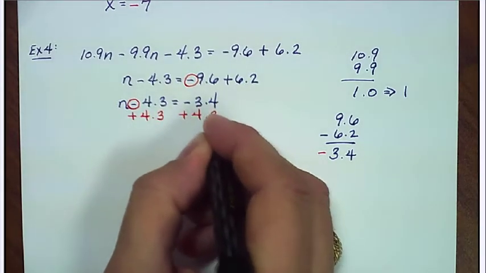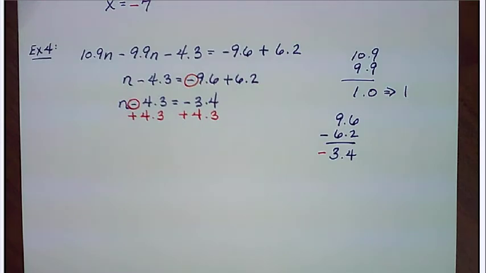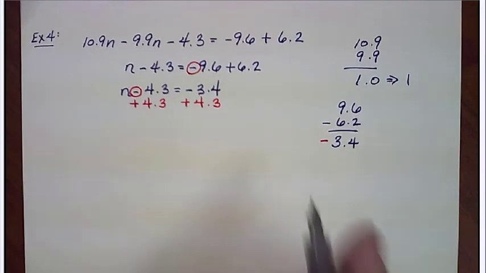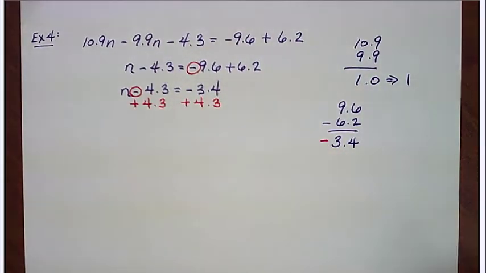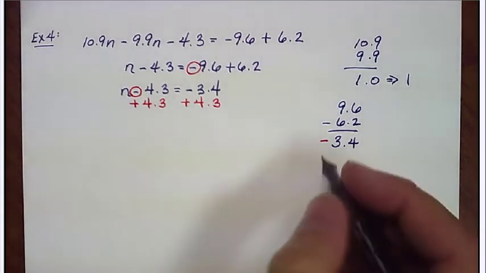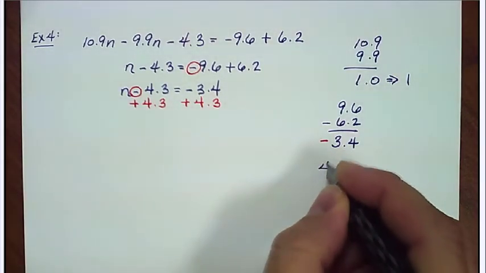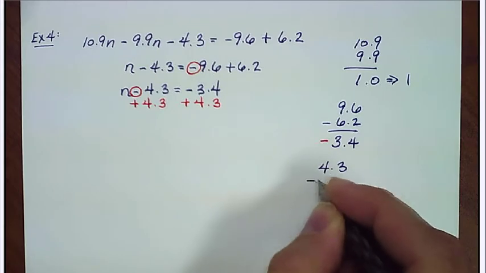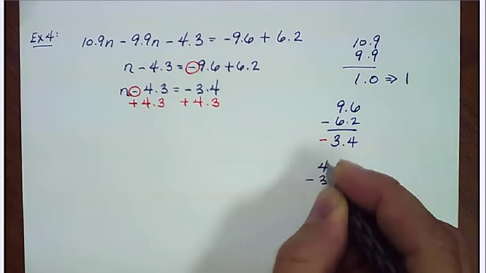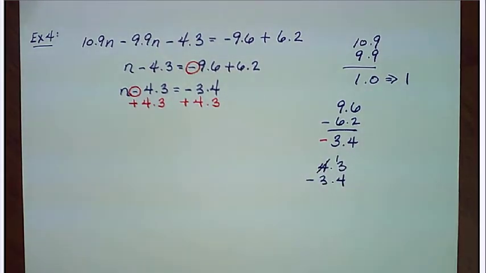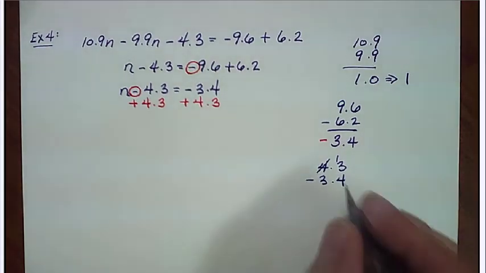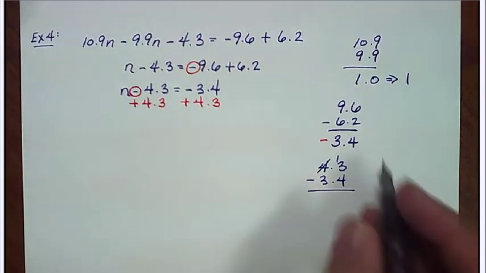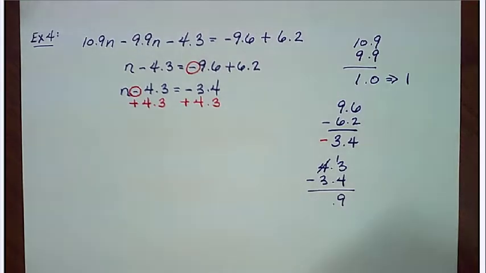Well, now, again, I'm not working with a calculator here, so I'm going to come out here and do it to the side. Remember, my signs are different. If my signs are different, I have to subtract. So 4.3 minus 3.4, I've got to do some borrowing here. That's going to be 13. Okay, that's going to give me 9 here, and then 0 here.